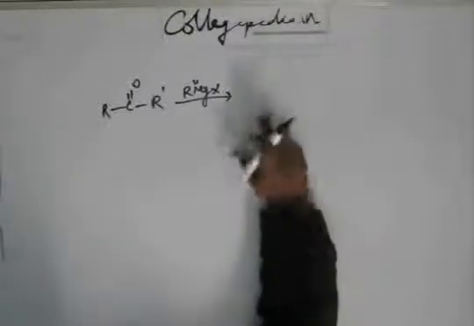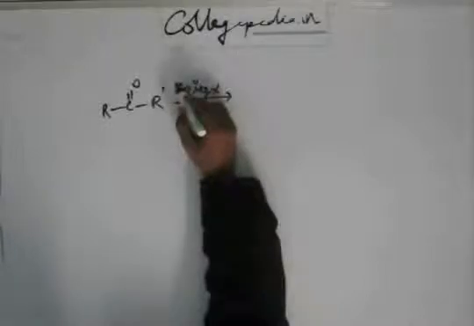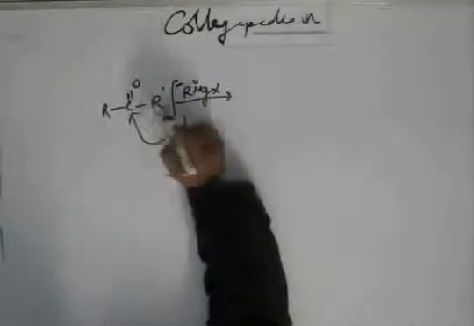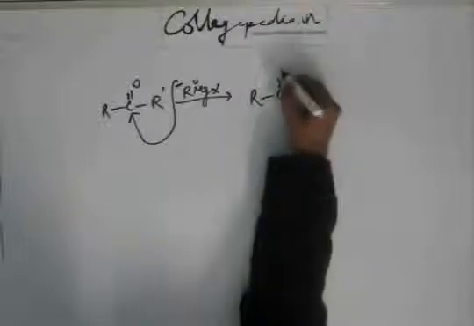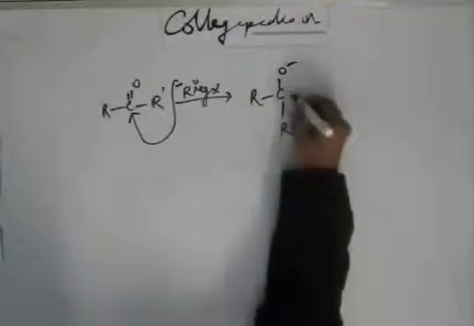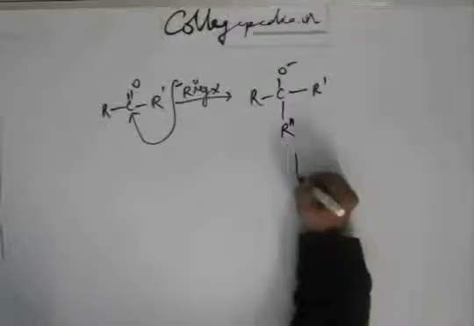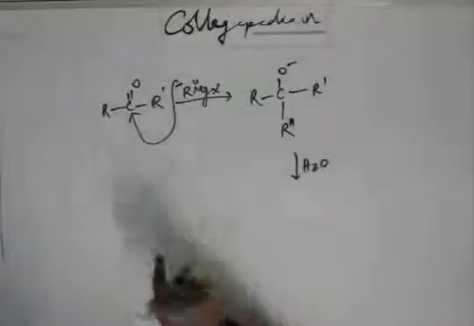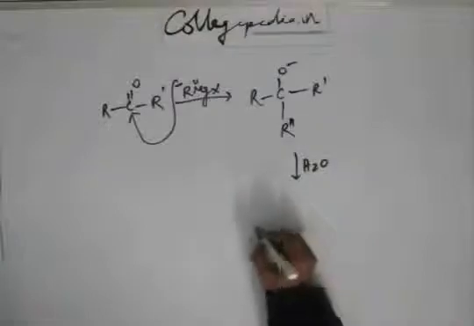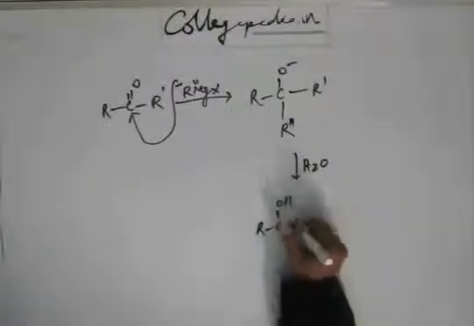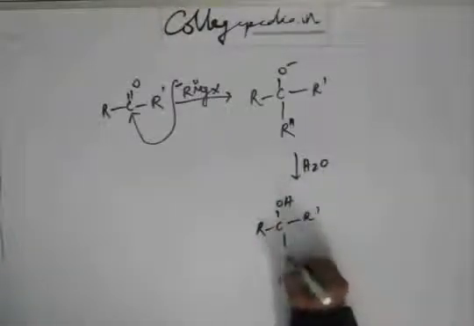So there shouldn't be any problem to identify what the product is going to be. This R minus is going to attack the C double bond O. That's what C minus does, isn't it? So you are going to have this. And in the next step, after the reaction with Grignard reagent is complete, you will protonate it and you will have a protonated neutral alcohol.